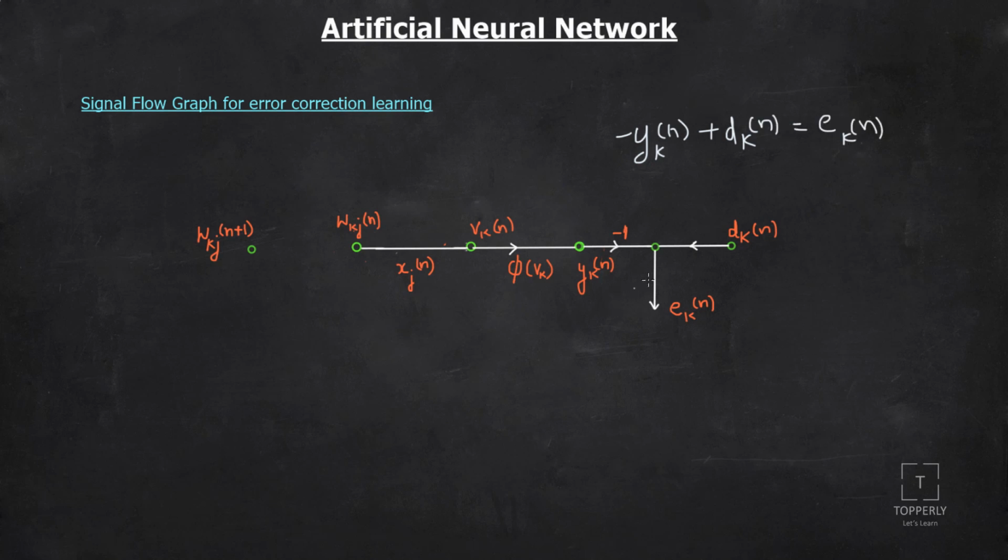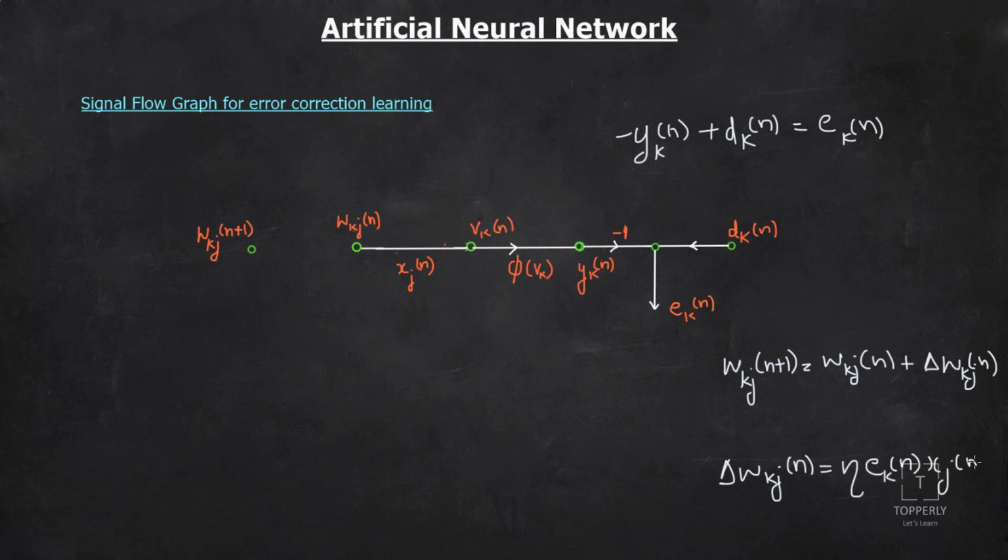Now the second part of the equation is wkj of n plus 1 equal to wkj of n plus delta wkj of n, right? And we know that delta wkj of n is nothing but eta ek of n into xj of n, right?